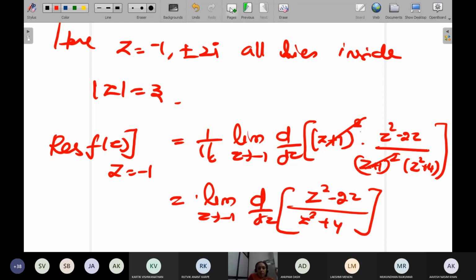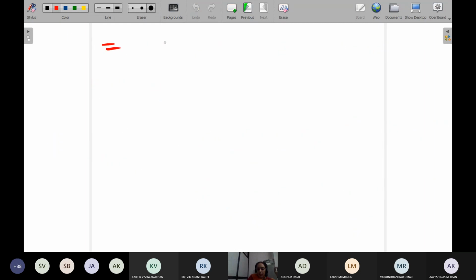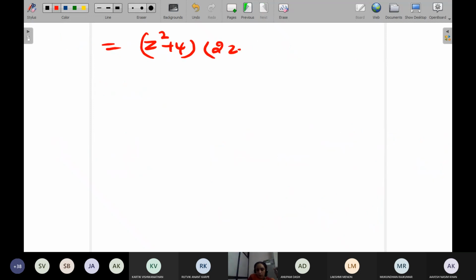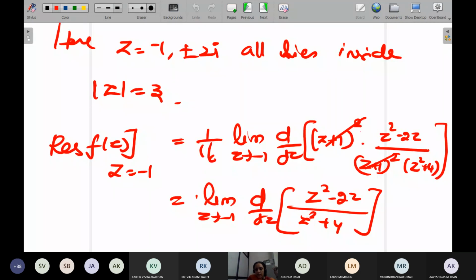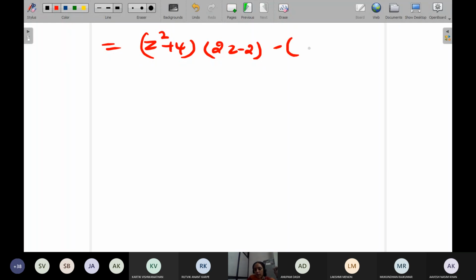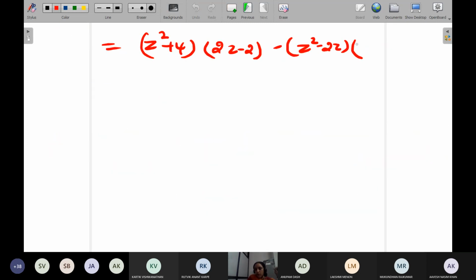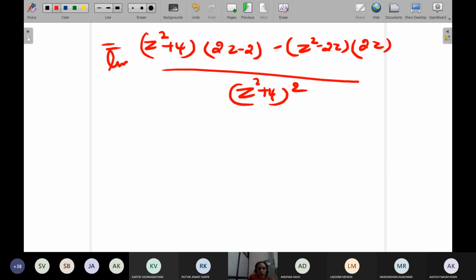Differentiate this using the quotient rule: (z square plus 4) into the differentiation of the numerator, which is (2z minus 2), then minus the numerator (z square minus 2z) into the differentiation of the denominator, which is 2z, divided by (z square plus 4) the whole square. Outside you have limit z tends to minus 1.